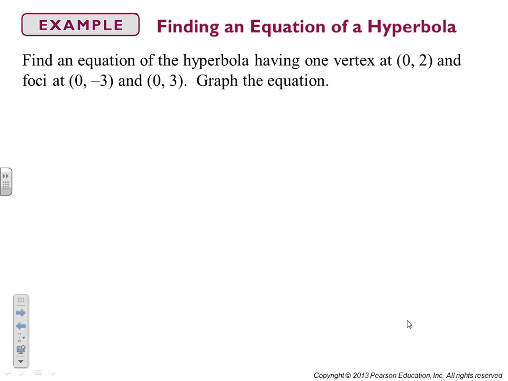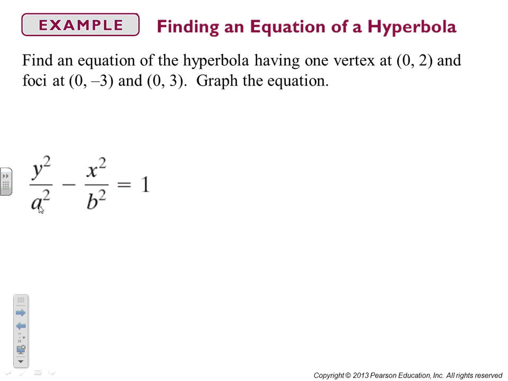All right, so if we know we have a hyperbola with a vertex at 0, 2, and foci at 0, negative 3, and 0, 3, we want to find the equation and graph the equation. So we know if our vertex is at 0, 2, our a is going to be along the y-axis. So we start out with this general equation.